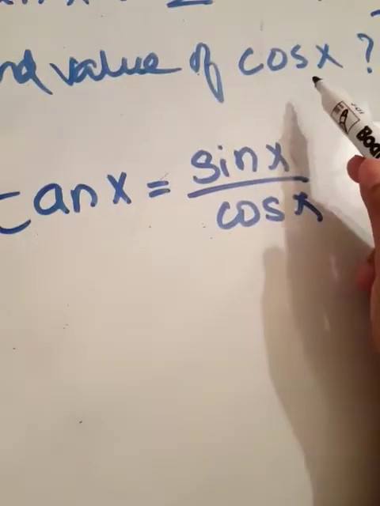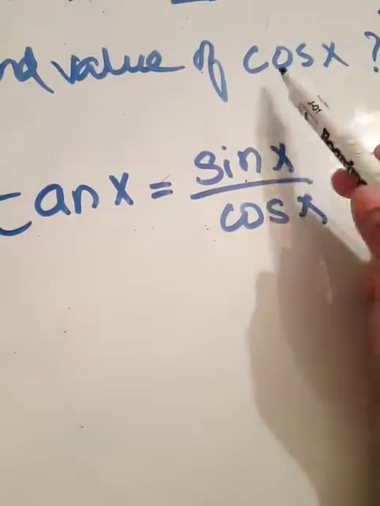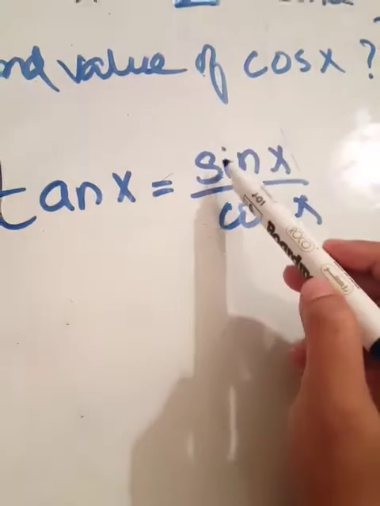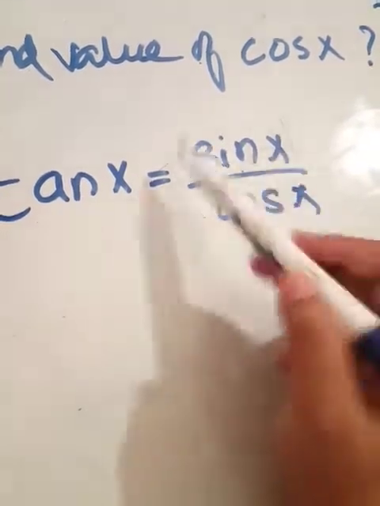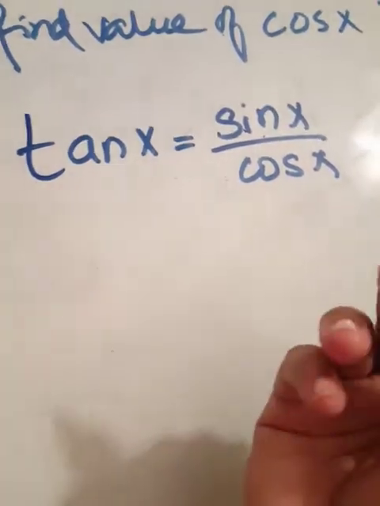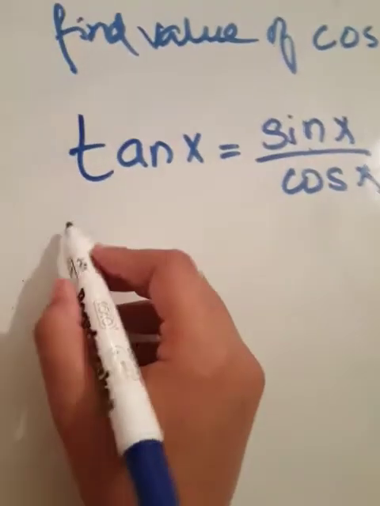Since we need the value of cos only, we will try to eliminate whatever other value we have. You just try to keep only that value in the equation, and the other entity you have to replace by using an identity. That's why we use identities. It helps you to solve different equations and problems.